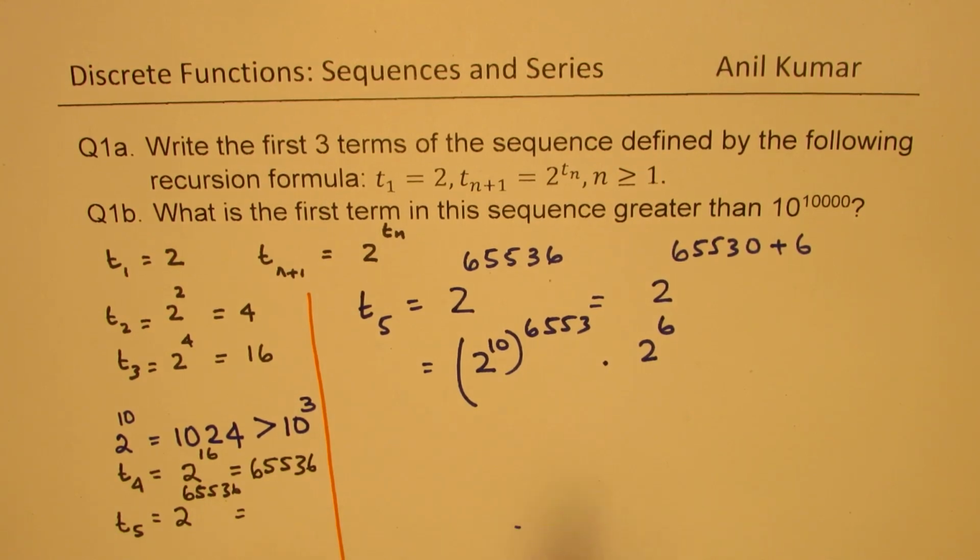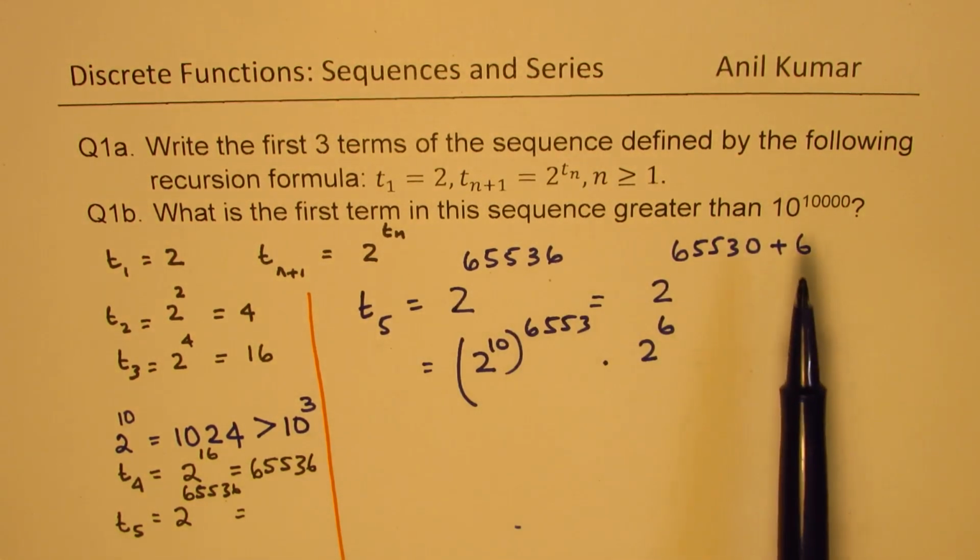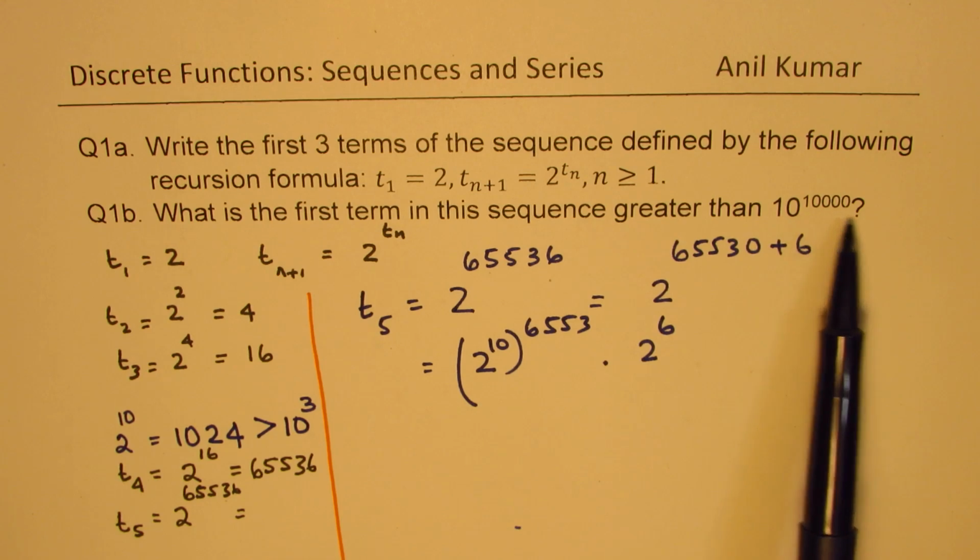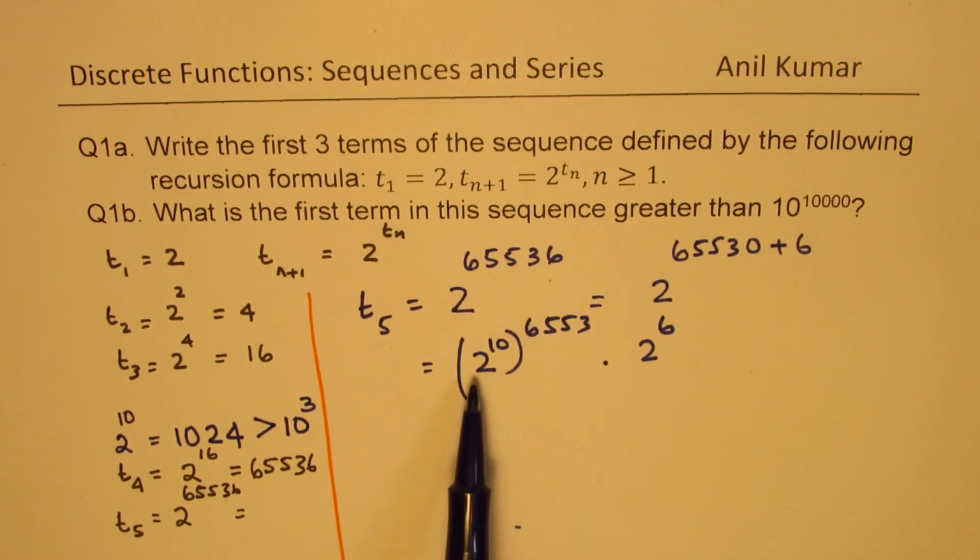So that gives you an idea that we are really working with a number which is pretty high, and that's the reason why we got this error in our calculator, right? We're looking for a number greater than 10 to the power of 10,000. Now, 2 to the power of 10 is greater than 10 to the power of 3.